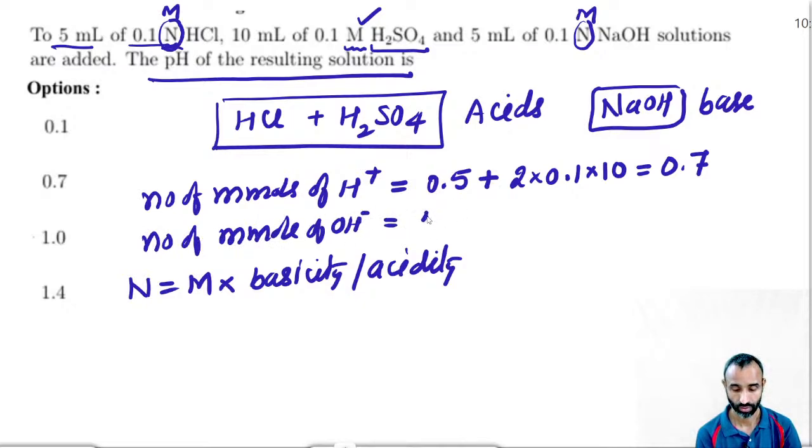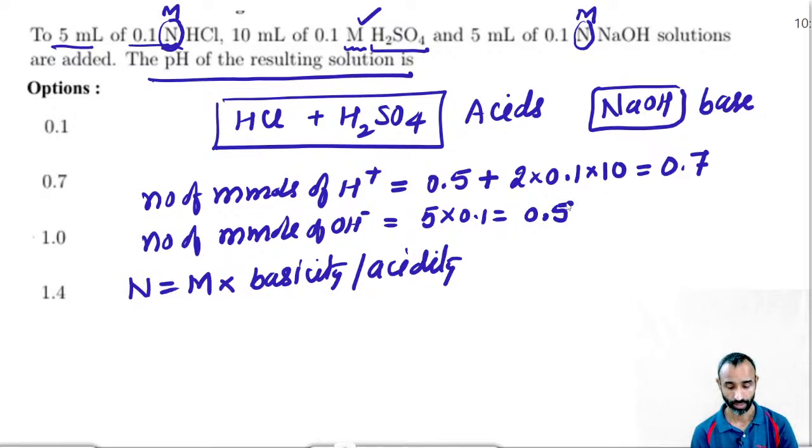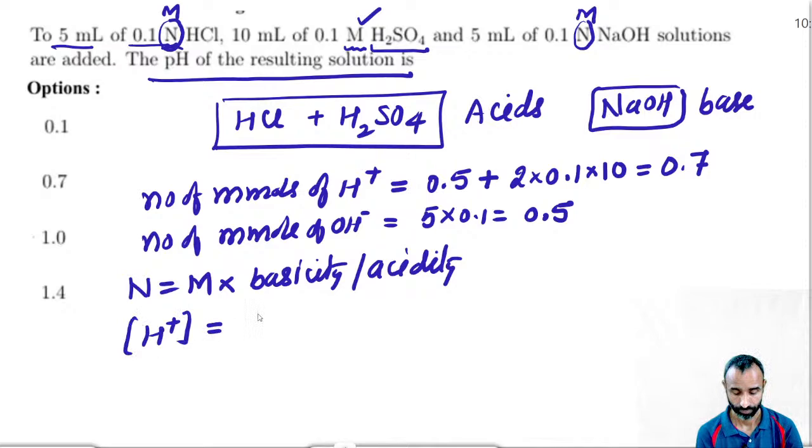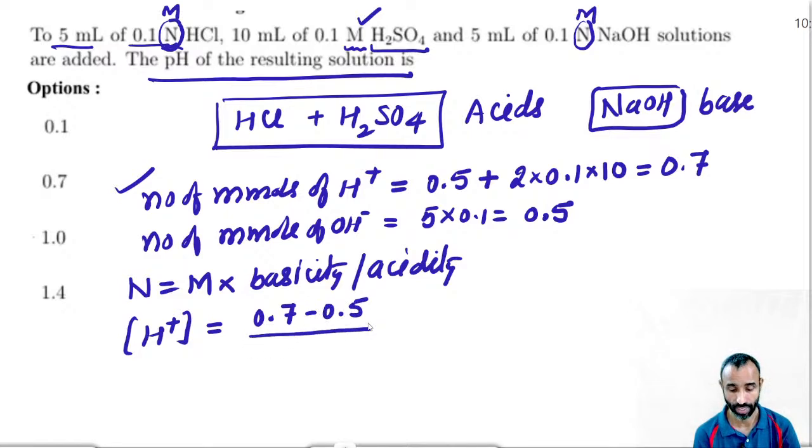and the number of millimoles of OH negative ion is equal to 5 into 0.1, which means 0.5 only. So what is the H plus ion concentration? 0.7, because now acid is in excess. So we get the H plus ion concentration: 0.7 minus 0.5 divided by total volume.